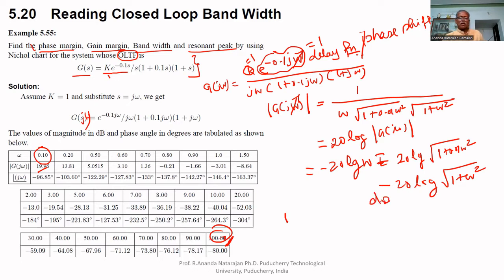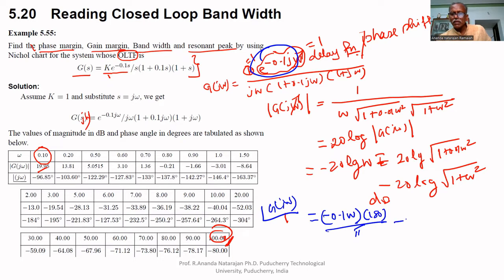Then we have to find the angle. While finding the angle, this delay term will come into the picture. The angle of G(j omega) equals minus 0.1 omega, but this is in radians and we want degrees, so multiply this by 180 divided by pi.